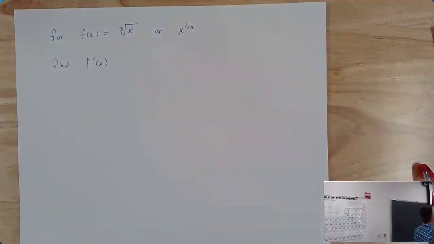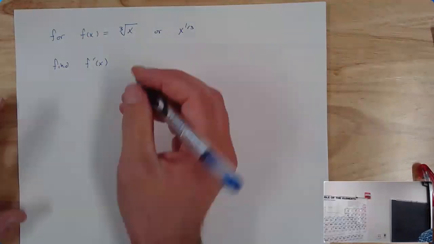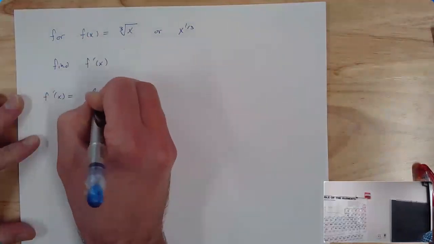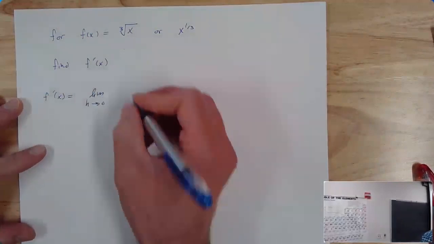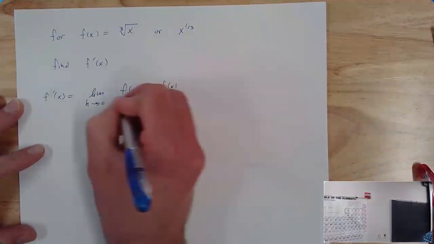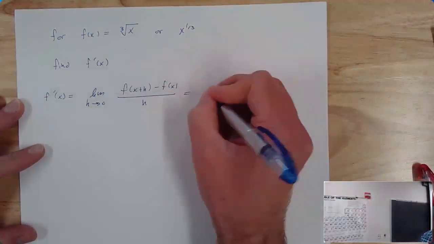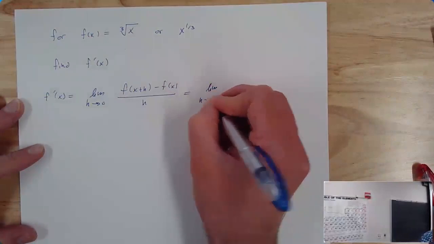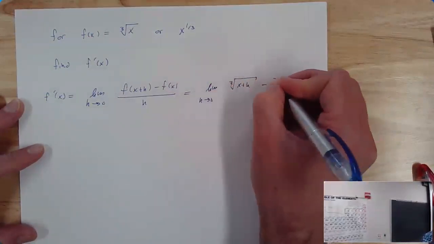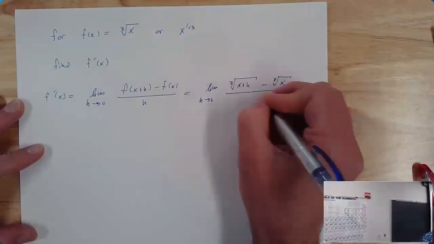So you may not want to write this down because it gets very messy. So we're going to find the derivative. The limit as h goes to 0 of f of x plus h minus f of x all over h. And the limit as h goes to 0 of the cube root of x plus h minus the cube root of x all over h.